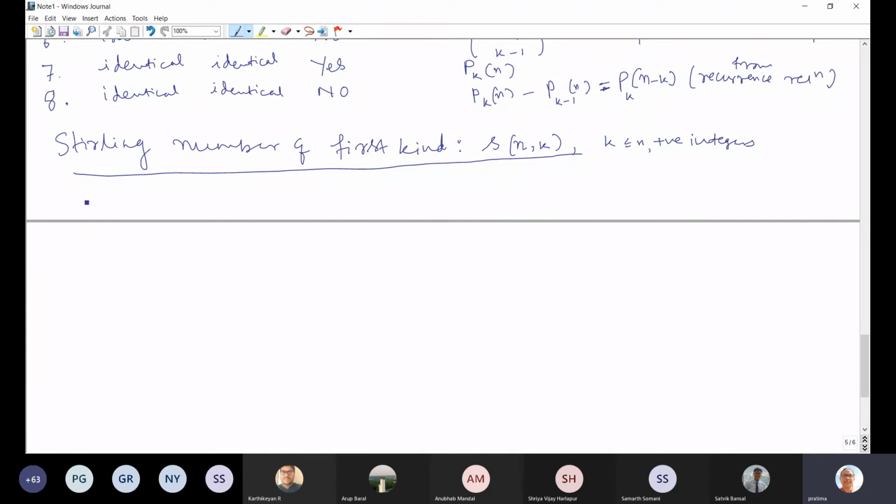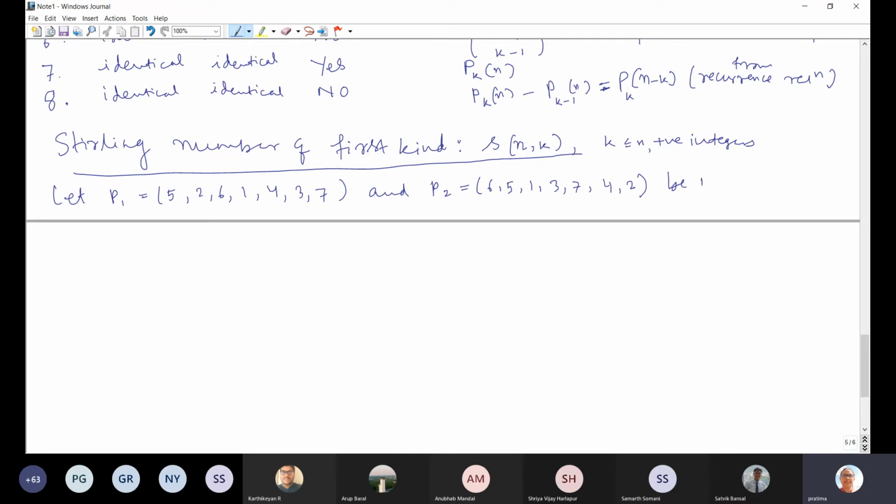Let us consider that P1 is this. I'll write down the numbers 5, 2, 6, 1, 4, 3, 7, and P2 be another permutation: 6, 5, 1, 3, 7, 4, 2.